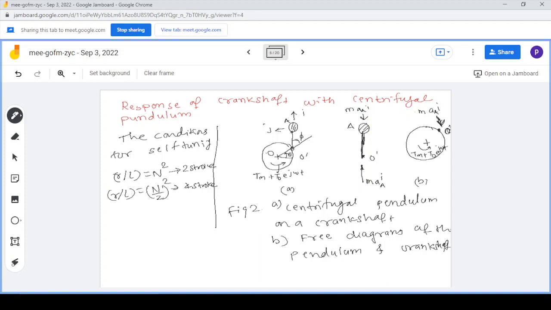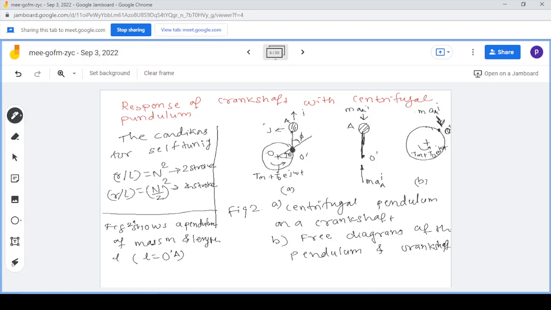What is given in the figure? Figure 2A shows a pendulum of mass m and length L, right? What is the length L in this case? O dash A. So this length L is equal to O dash A. Now, where is the hinge point?